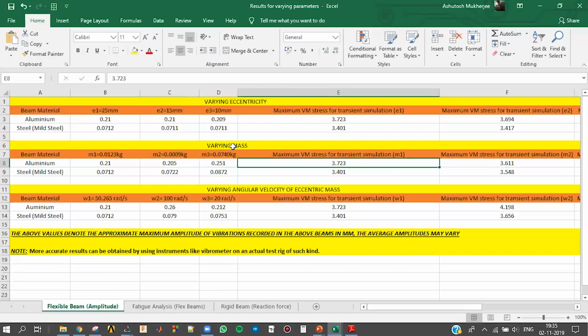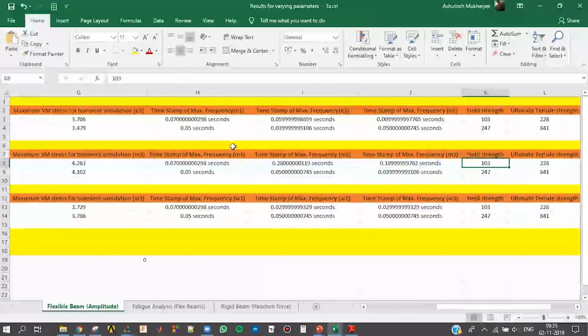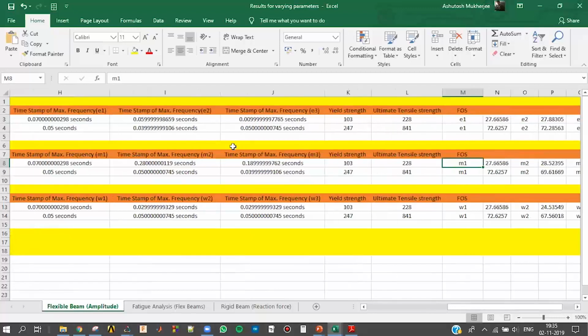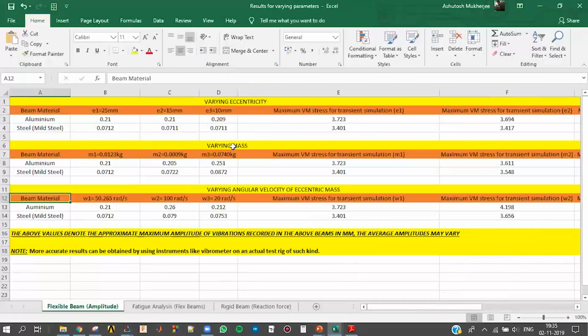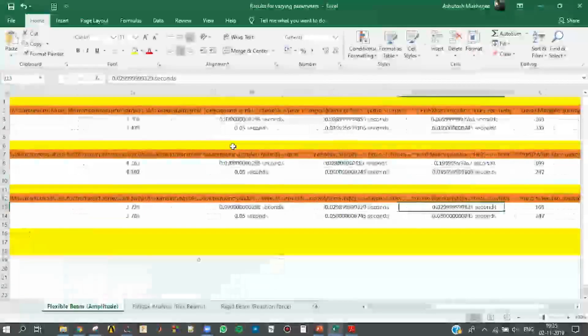We check the maximum von Mises stress, and we calculate the factor of safety. Similarly for the varying angular velocity of the eccentric mass, we do the same kind of analysis.